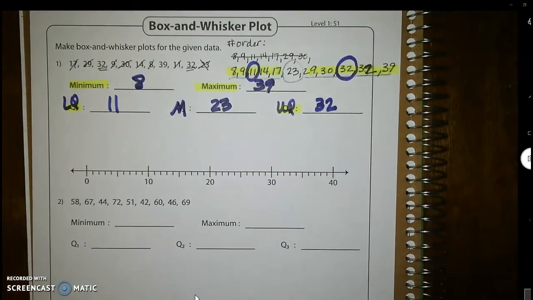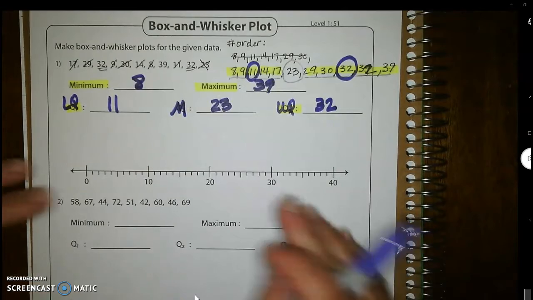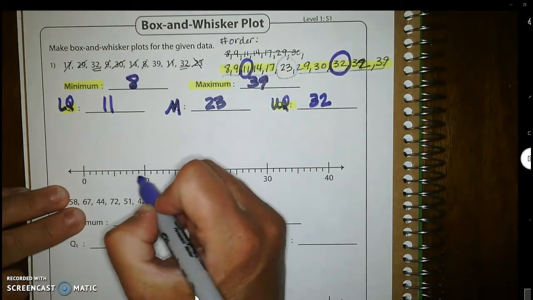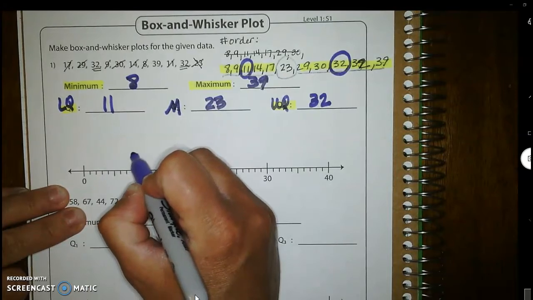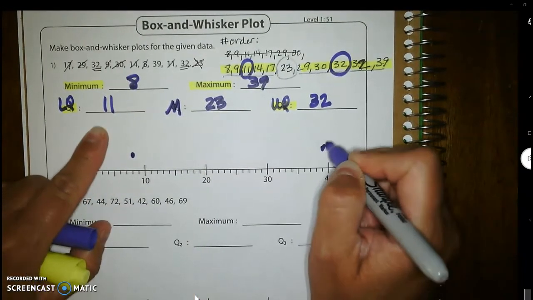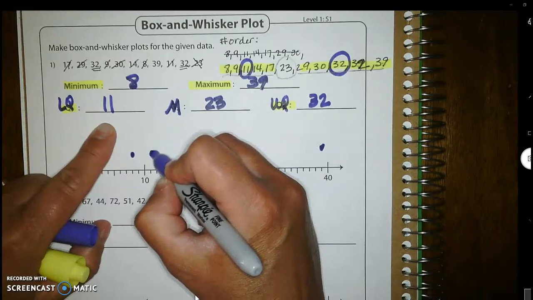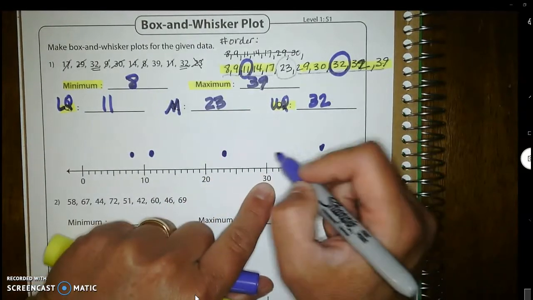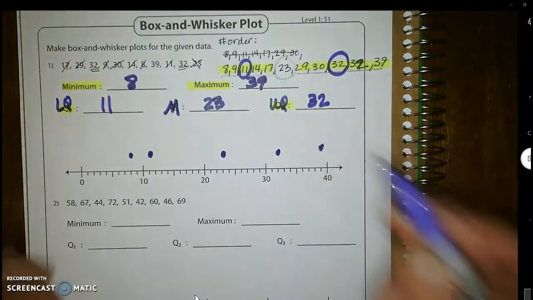Let's go get the box and whisker plot. They already drew us a number line. Oh, thank goodness, I don't have to worry about that. But we're going to put a dot at 8. I'm going to put a dot at 39. I'm going to put a dot at 11, a dot at 23. You could be putting lines if you wanted, and a dot at 32.